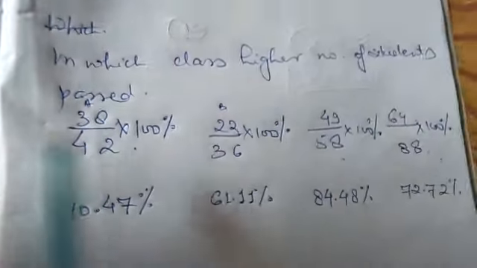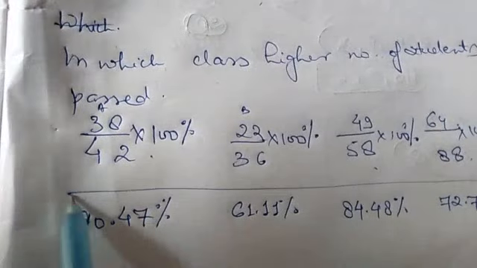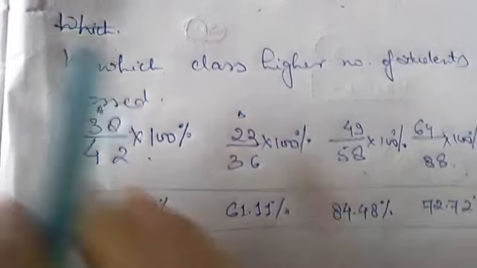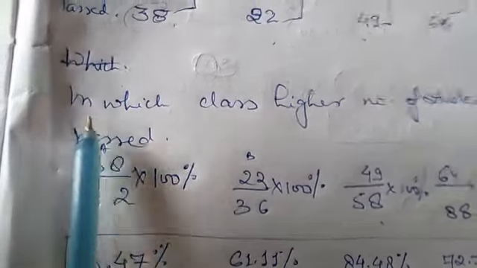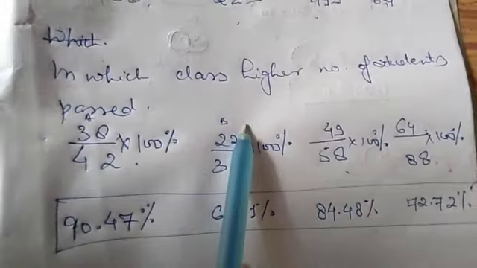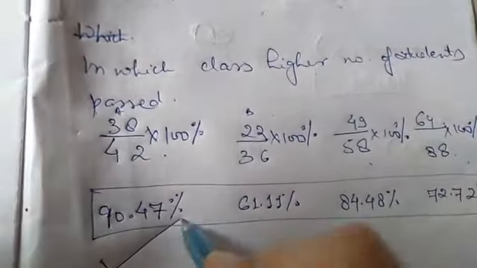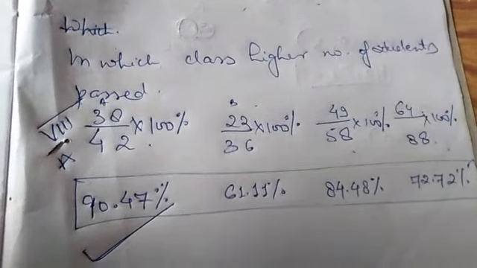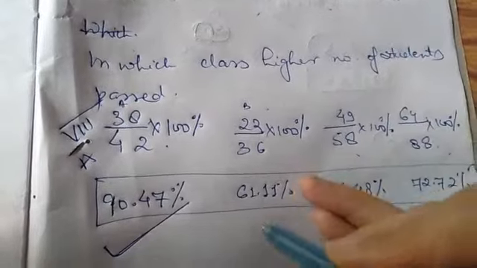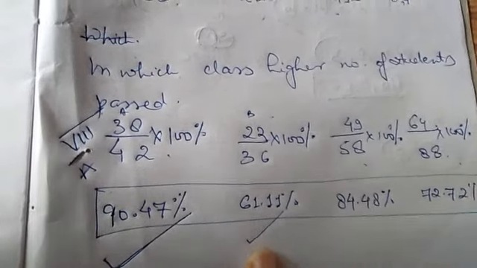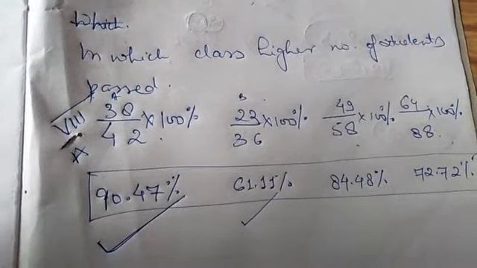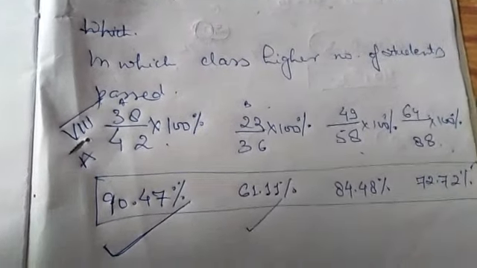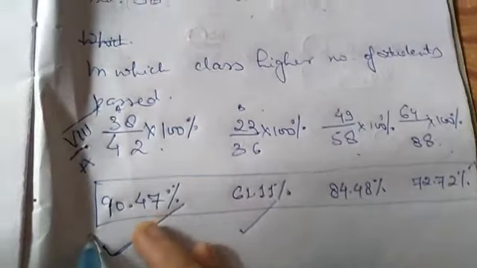Now after seeing these percentages, we can easily answer this question. In which class did the higher number of students pass? It is section A, means 8A. Which class has the lowest number of students passed? That is section B. Okay, so this is the method.